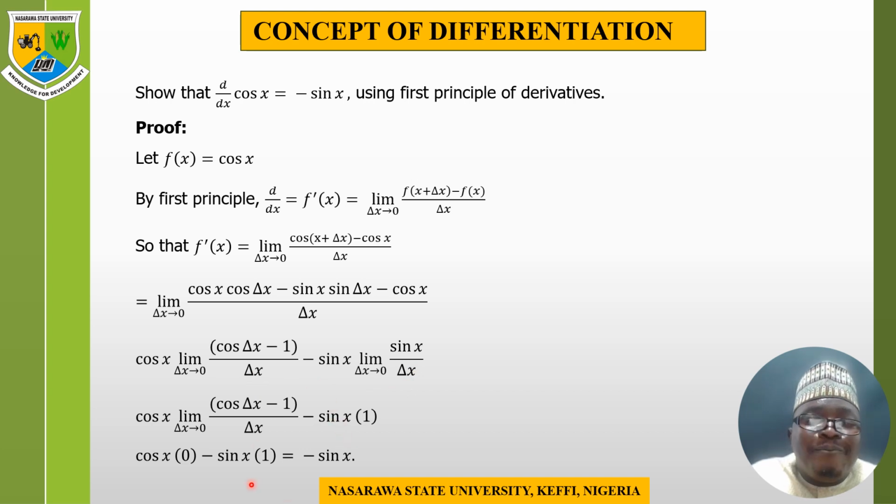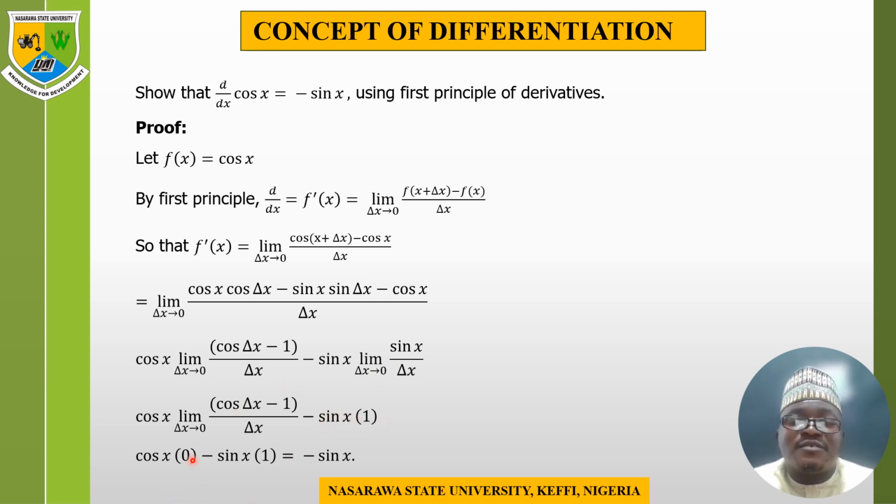Now, when you put the limit of the increment of x tending to 0 of this guy here, this one is going to be 0. Then here is going to be 1 according to the double angle formula as we explained previously. Then here is going to be minus sin x multiplied by 1.